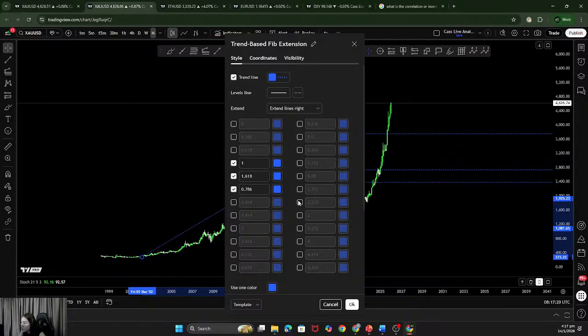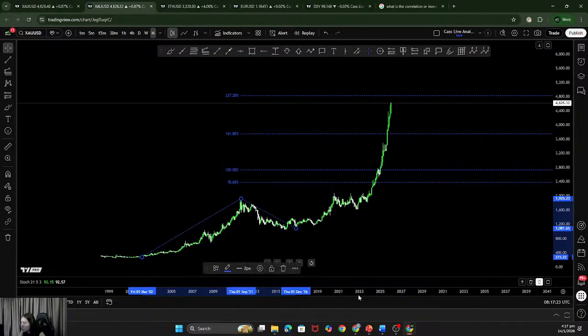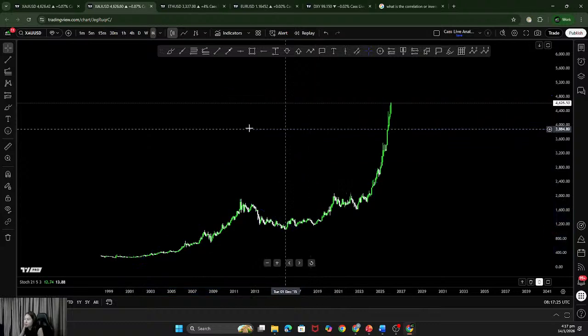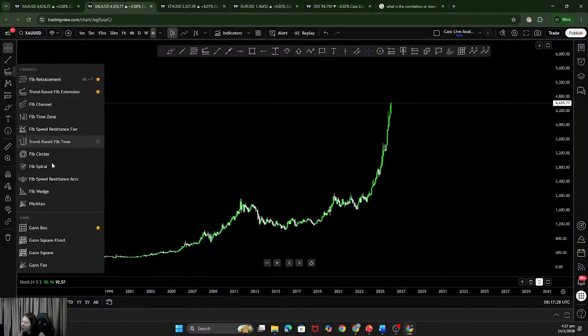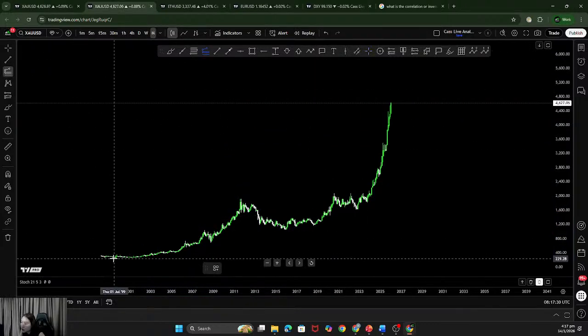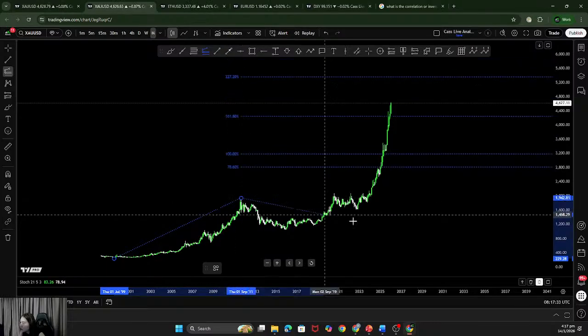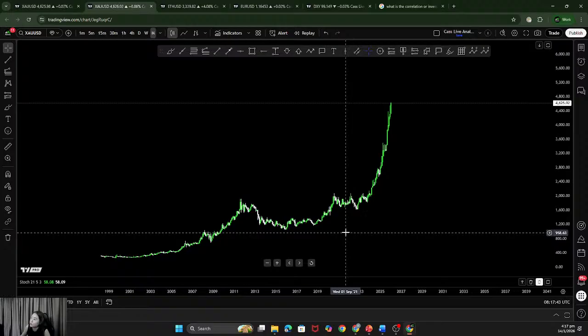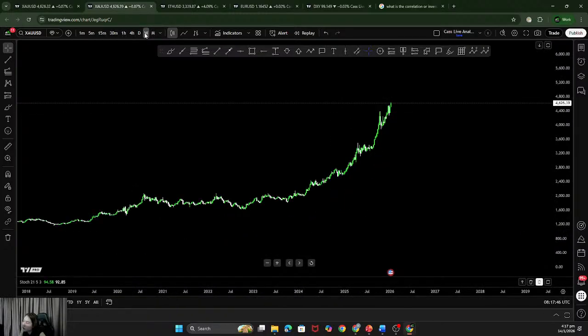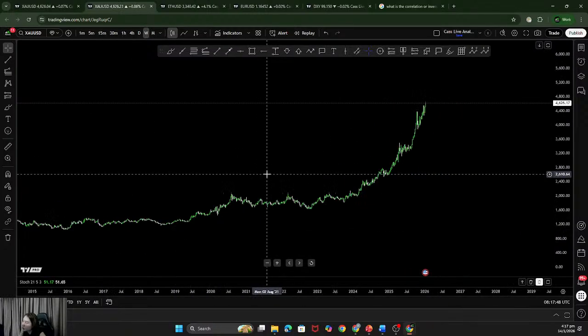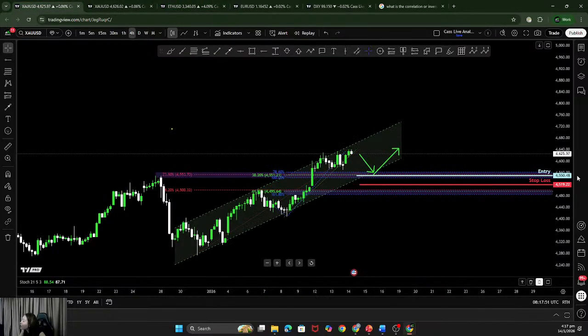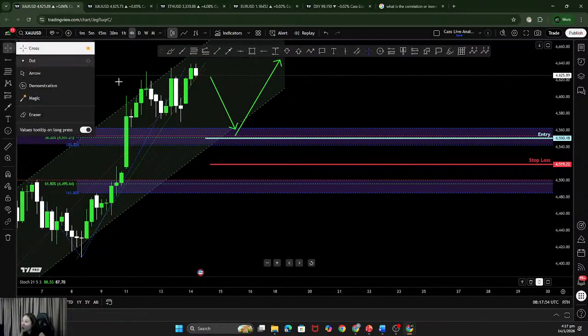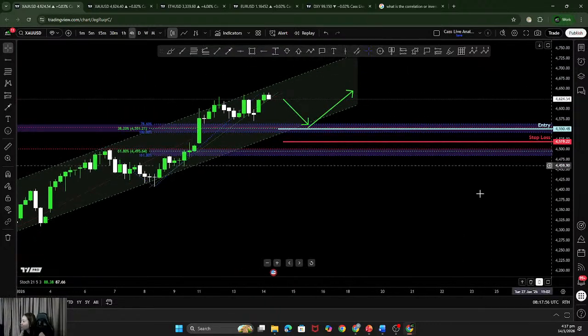Let me see where I think the next target is going to be, if I can even find a next target. I know gold is going up, but where is it going to stop before it decides to pull back? That's okay. We are on a very small time frame, so we shouldn't be too concerned about this.